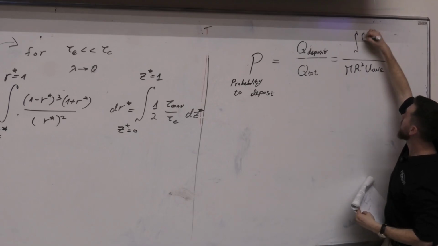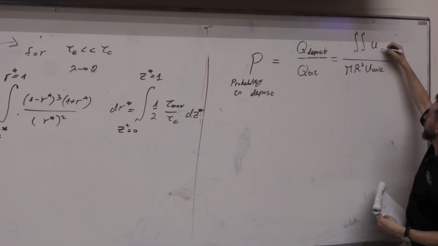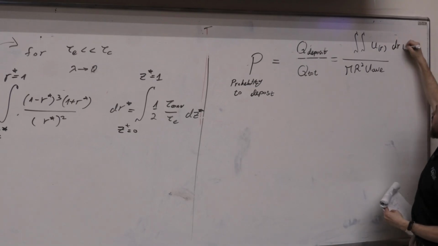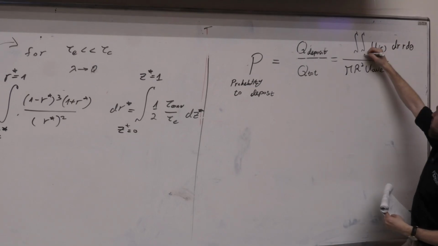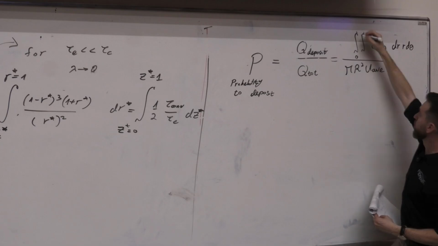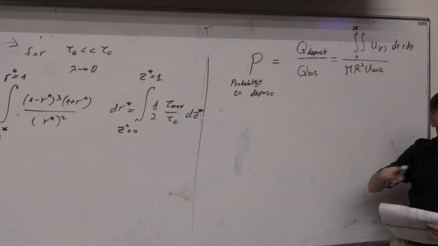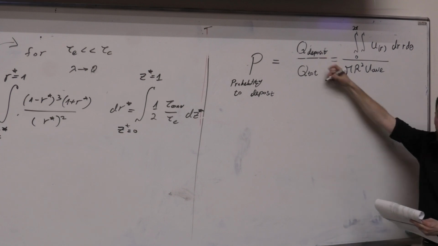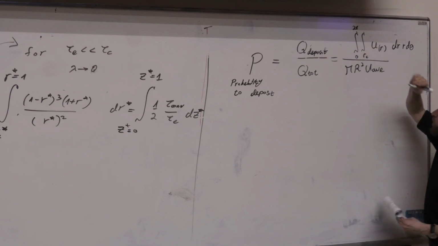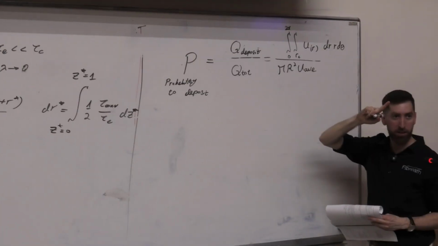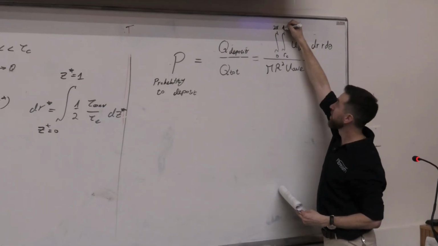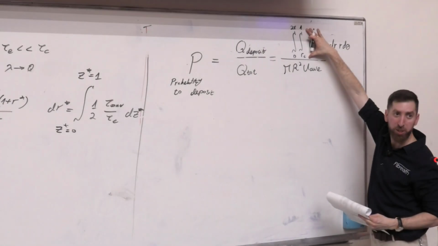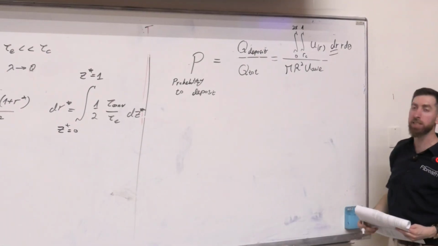It's the double integral on the velocity as a function of R, dr r d theta, running from 0 to 2 pi, all the cylinder, symmetrical problem, but only the ones that are going to deposit are the ones close at RC, getting to 1. All of these particles, for 100%, are going to deposit inside the cylinder.